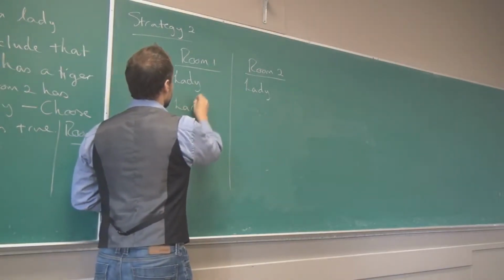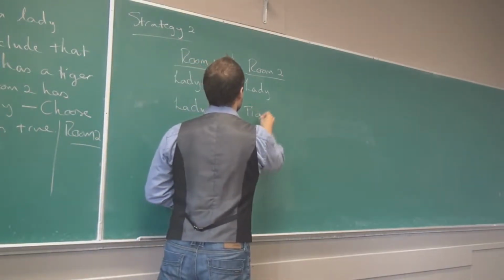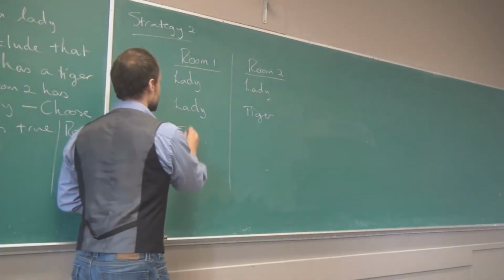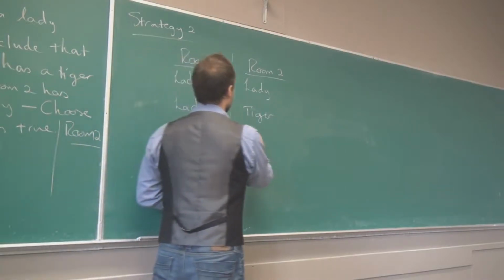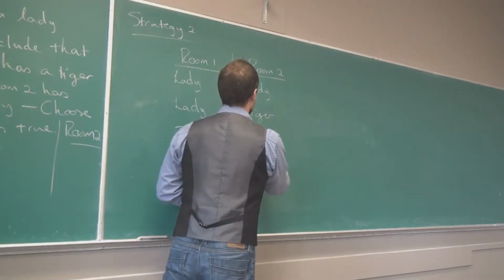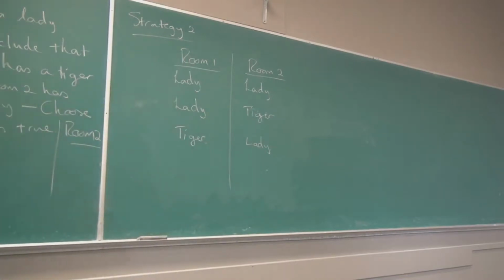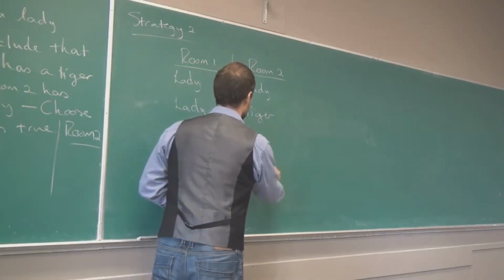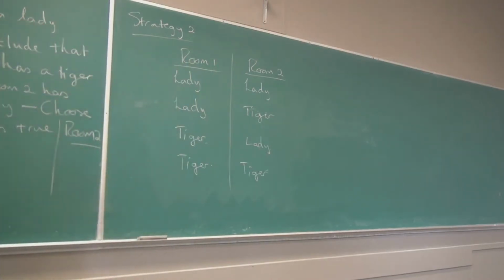Or I could have a mix. I could have a lady and a tiger this way, or they could be the other way. There could be a tiger in room 1 and a lady in room 2. Is there any possibility missing? The worst case for the prisoner, if both rooms have a tiger, they're pretty much screwed, but at least they would go in knowing they're screwed.